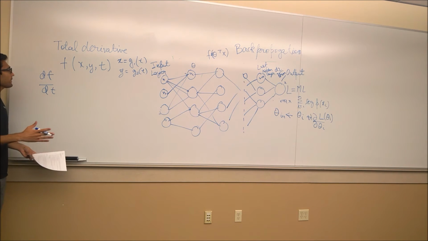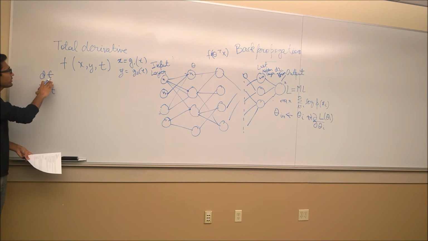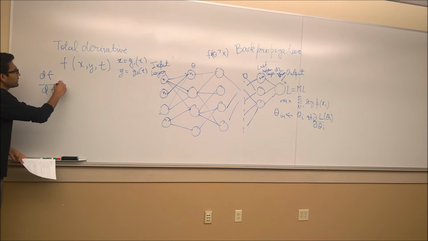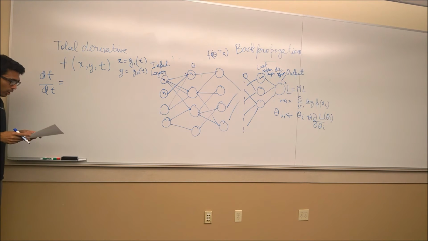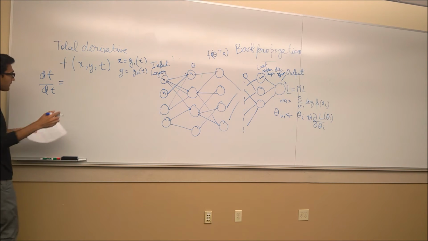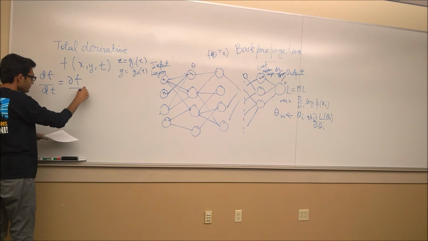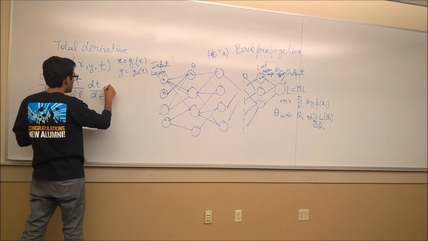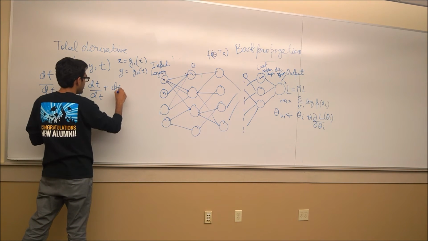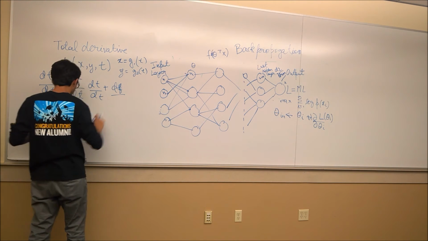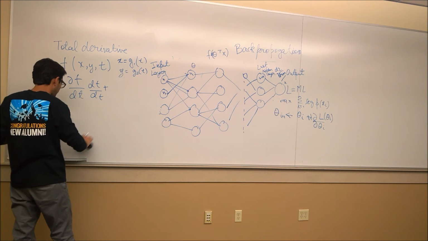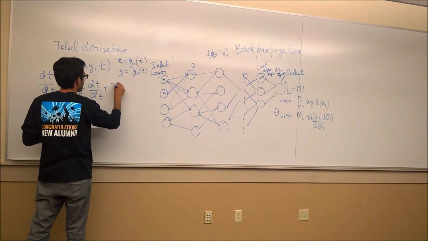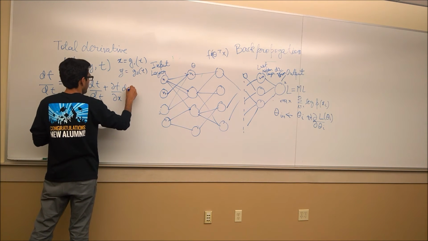In that case, I cannot just calculate the derivative of f with respect to just t, assuming that x and y are constant. And in this case, how we calculate the derivative is by using this formula. And I don't know how this formula is derived, maybe it's not very complicated to derive it, but we can definitely talk about what it means.